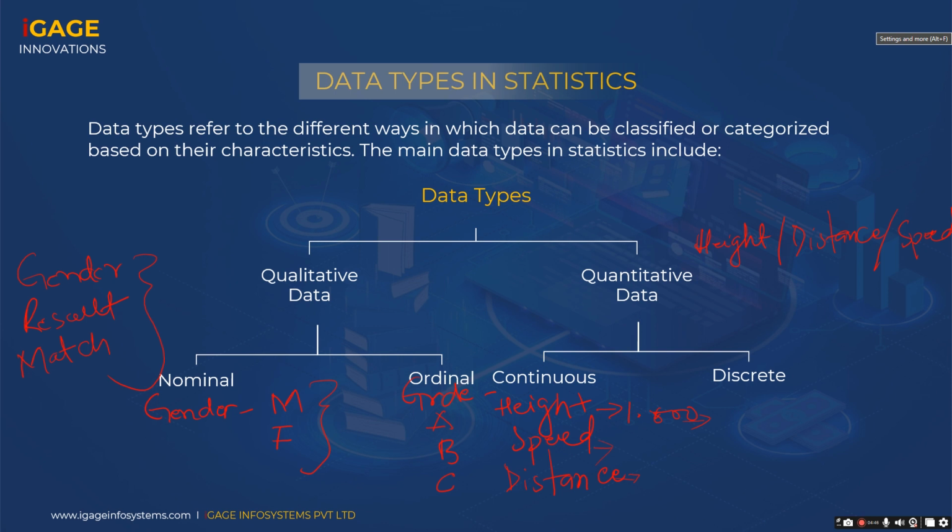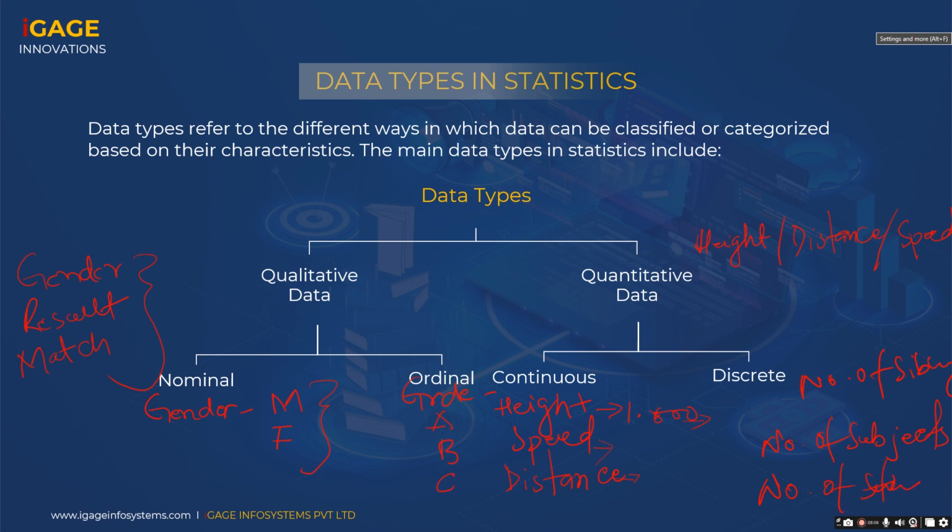On the other hand, discrete data have limited or finite probable values. For example, number of siblings, number of subjects, or number of students in a class.